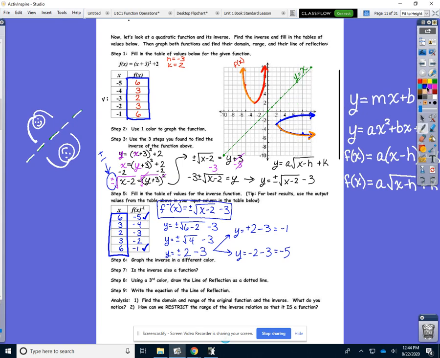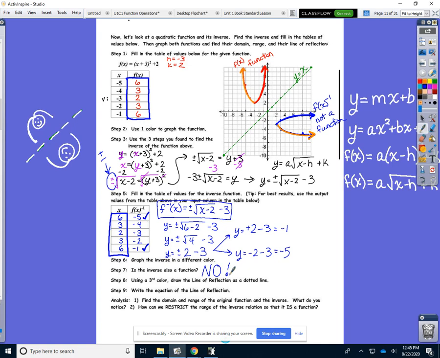So this is the inverse of that function, but it's not a function. This is a function, but this one here is not a function. And it's important that you can see that. If something's not a function, it's called a relation. So is the inverse also a function? The answer here is no.